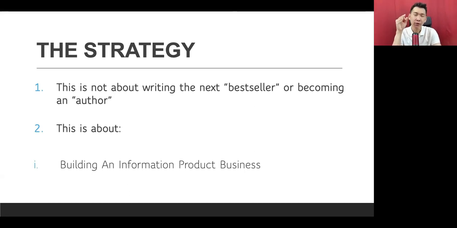Now, what is an information product business? Many people have different names for it. I'm just using the word information product because it's so straightforward, but it can be called the e-learning industry. It can be called the knowledge-based industry, but basically our product is information.